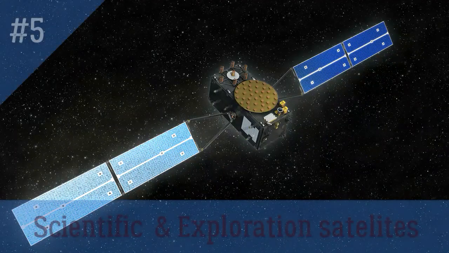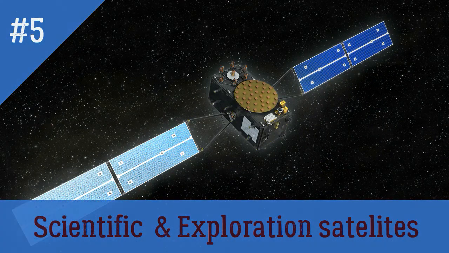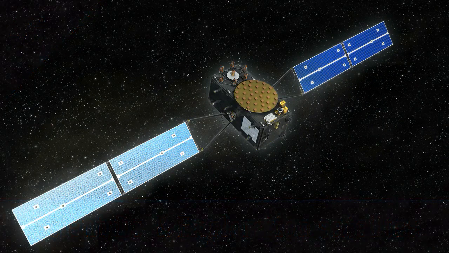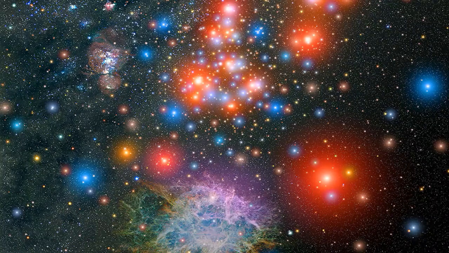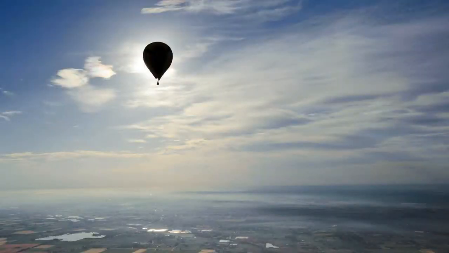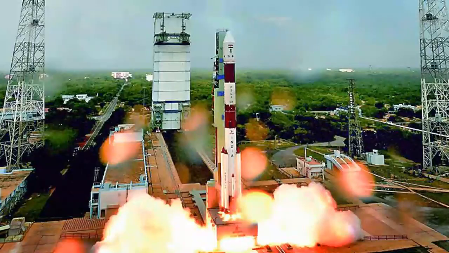Number 5, Scientific and exploration satellites. The Indian space program encompasses research in areas like astronomy, astrophysics, planetary and earth sciences, atmospheric sciences and theoretical physics. Balloons, sounding rockets, space platforms and ground-based facilities support these research efforts.